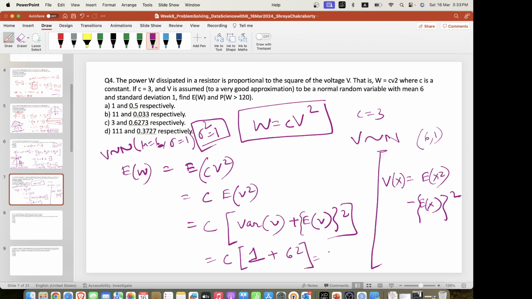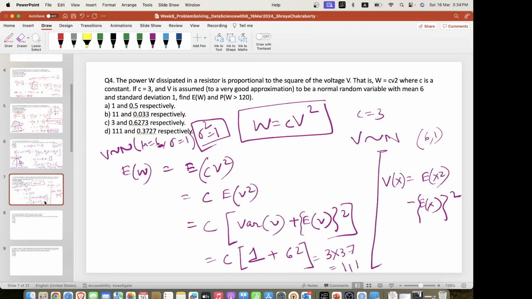C is a constant, C is 3. So this is 3 into 37, which is 111. So expectation of W is 111. Is this part clear? Yes, ma'am.